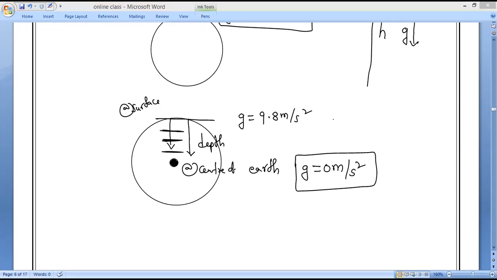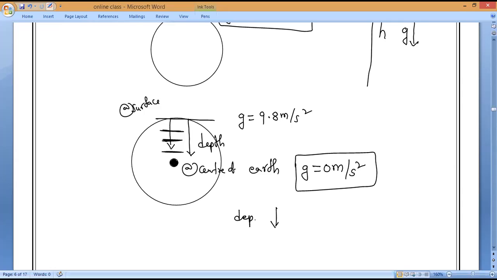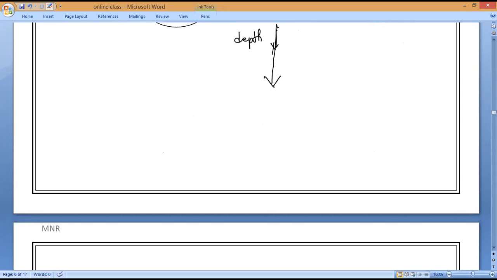So whether I am going above or below, it doesn't matter. If depth keeps on increasing, moving downward towards the center of the earth, once I reach the center of the earth, the G value is equal to 0.